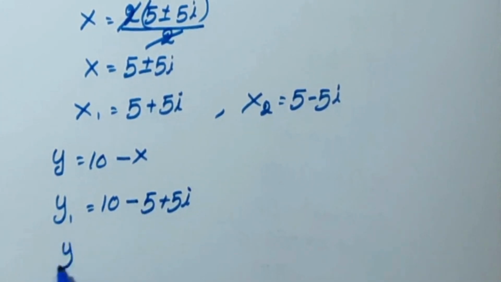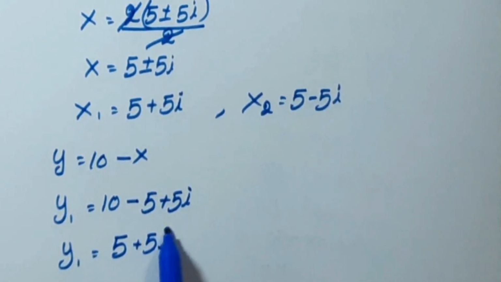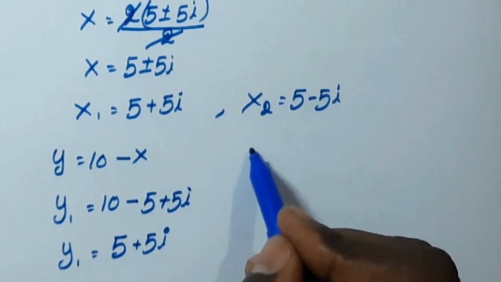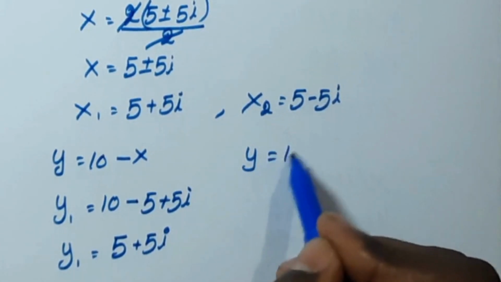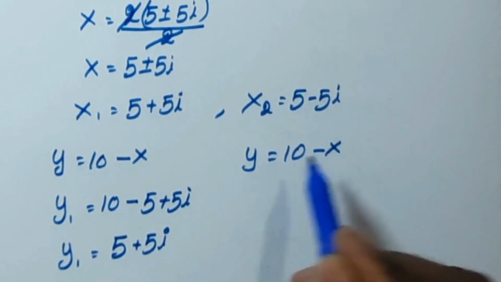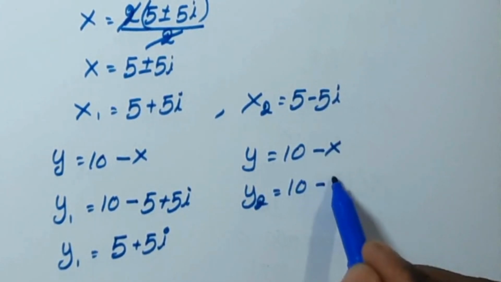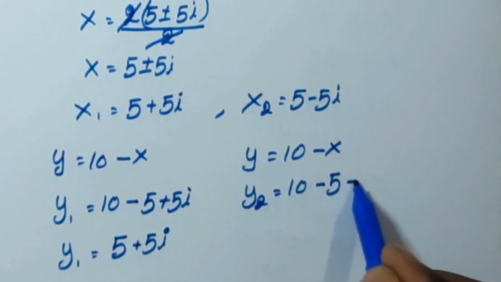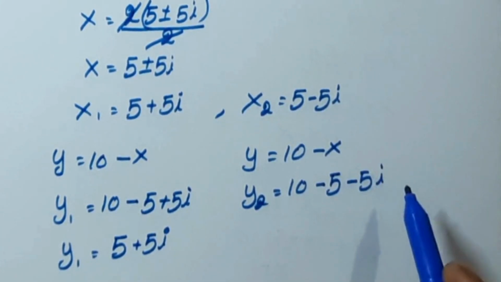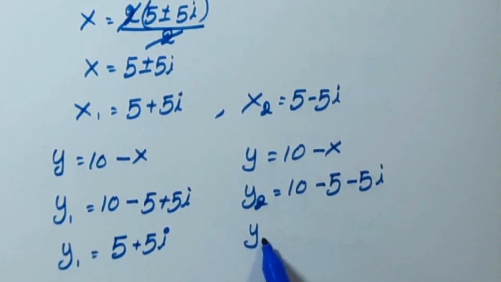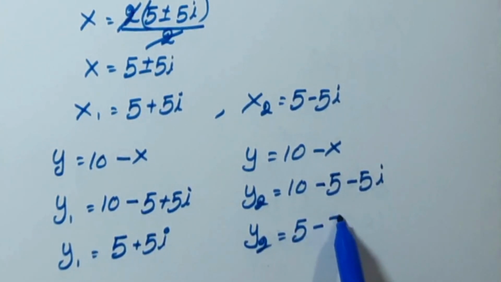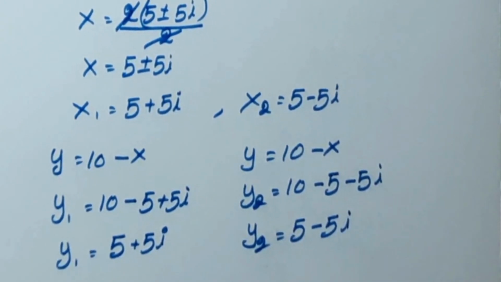This y1 equal to 5 minus 5i. Here y equal to 10 minus x, y2 equal to 10 minus (5 minus 5i). Here y2 equal to 5 plus 5i.